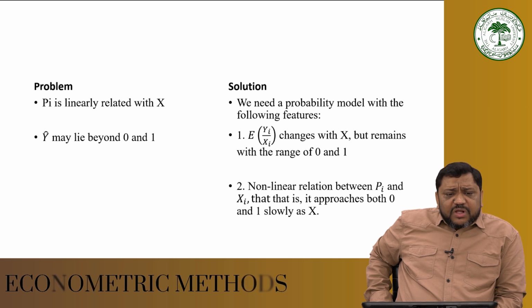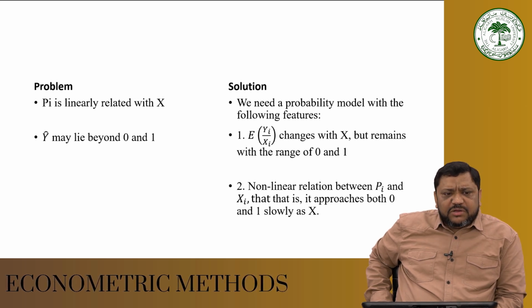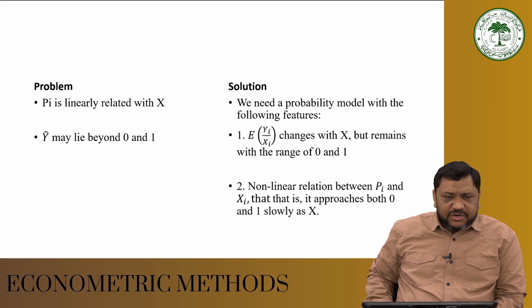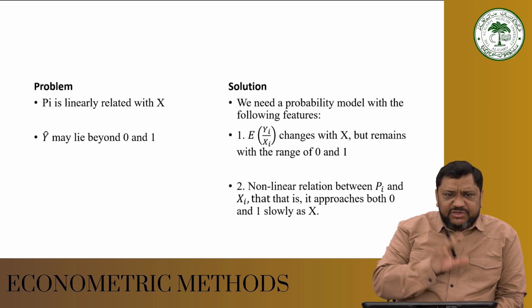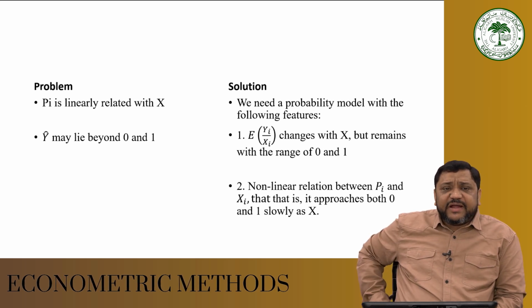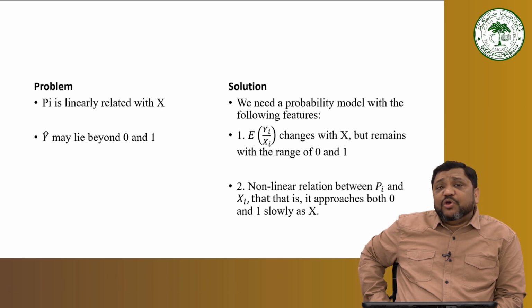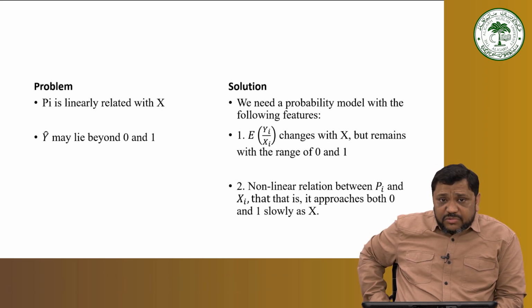So the problem is that pi is linearly related to x. These are the major issues. And second, we need a mechanism wherein y hat does not lie beyond 0 and 1. So we need to restrict it.